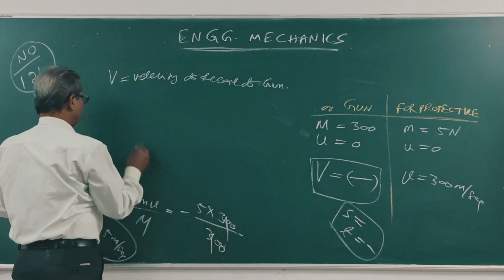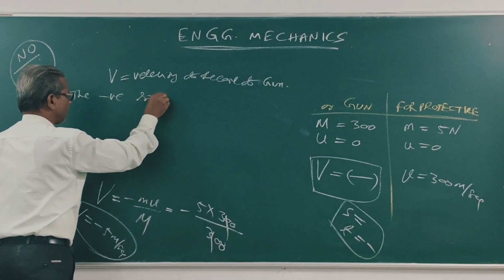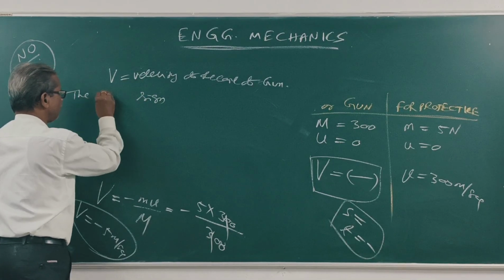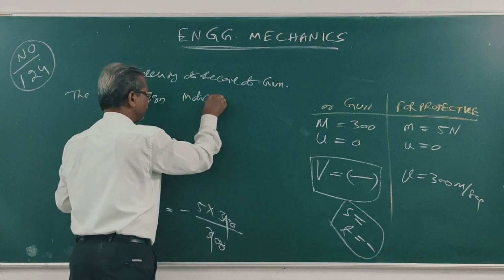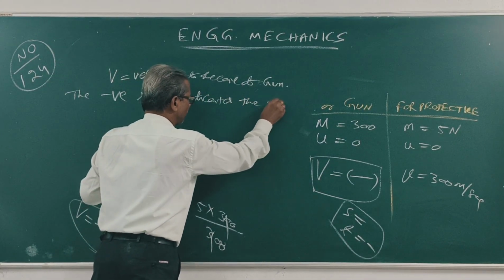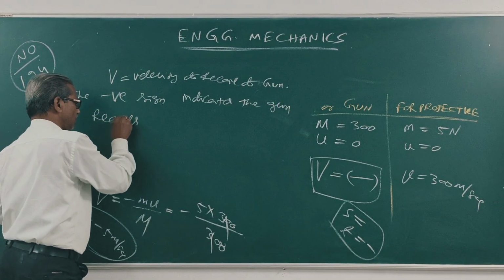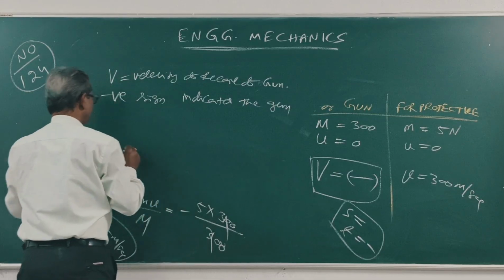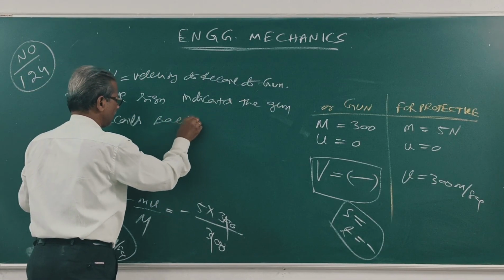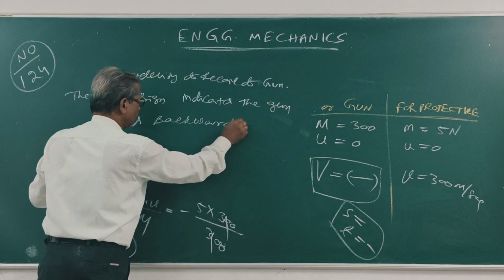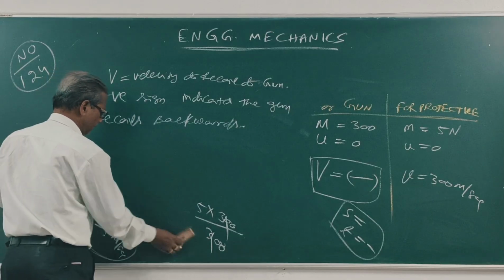The negative sign indicates the gun recoils backwards. Right?